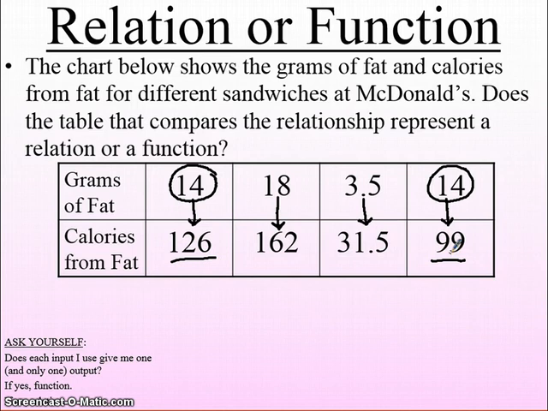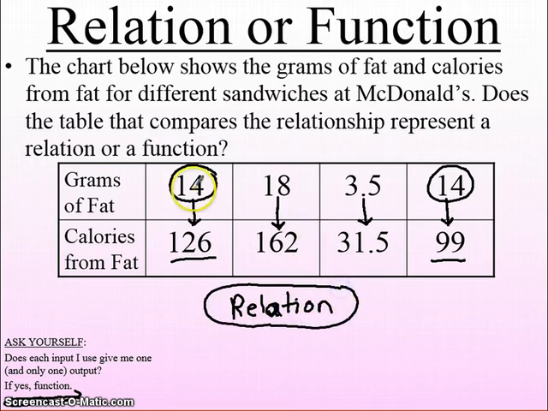So does grams of fat indicate calories from fat consistently? And you would say no. Is there a relationship there? Yes. But it is not consistent, reliable, and predictable. So we're going to call this a relation because one input has more than one output.